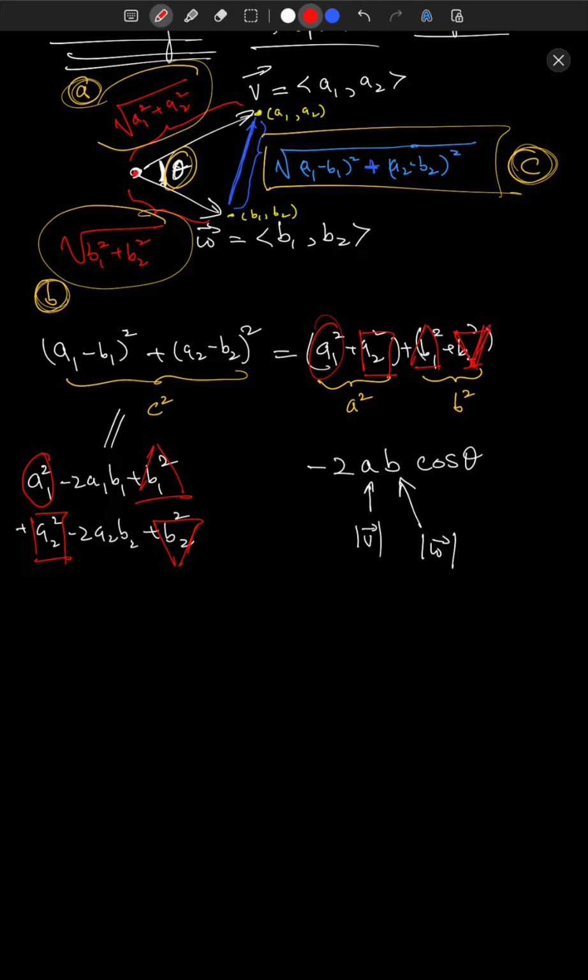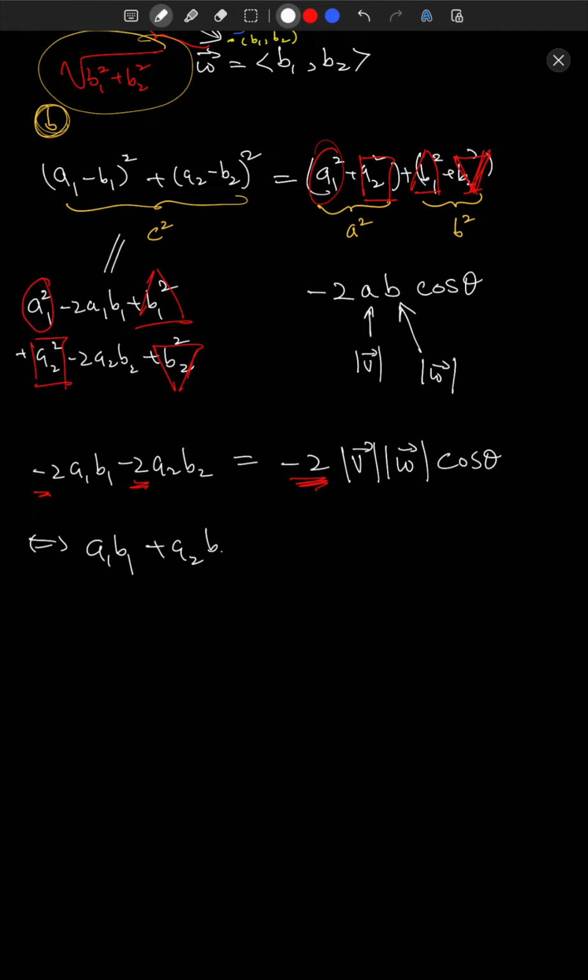Okay, so a lot of these actually cancel out, and what I end up with is minus 2A1B1 minus 2A2B2 is equal to minus 2, and I'm going to rewrite this as VW, length of these, cosine theta. Now I also have minus 2 on each side, so those minus 2's cancel. So I end up with A1B1 plus A2B2 equals length of V, length of W, cos theta.